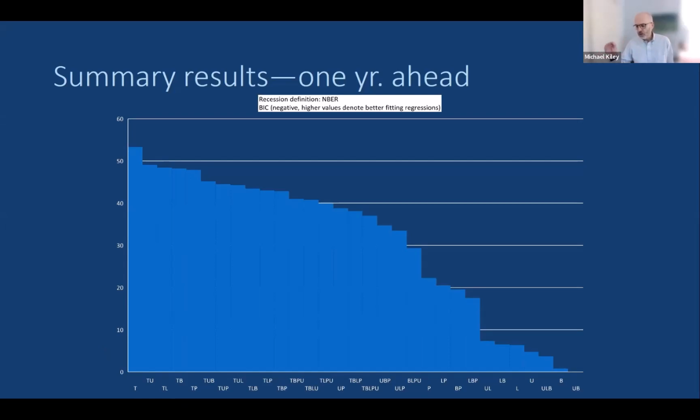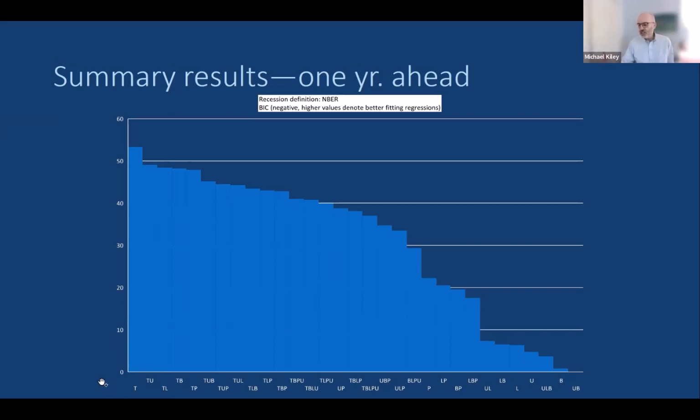There's a large literature. Now, what's interesting is that among the top 5 fitting models, the unemployment rate enters as often as the corporate bond spread, even though the unemployment rate is not often used as a recession predictor. The unemployment rate actually enters the best fitting models more often than the leading indicator, even though it is not often considered a leading indicator of recession.